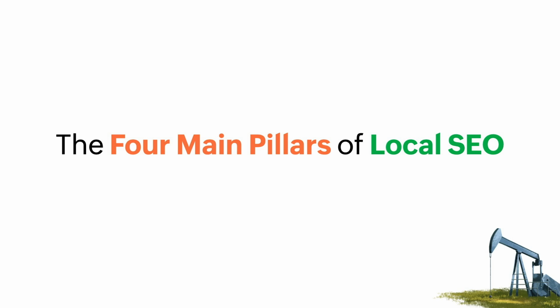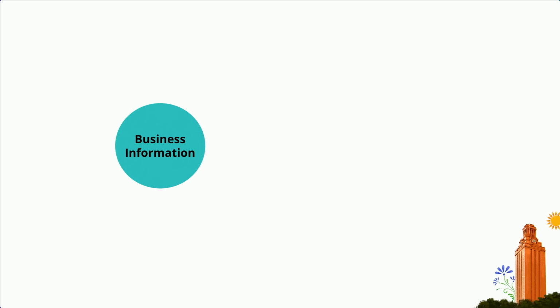There are four main pillars. The first and foremost thing is updating your business information, whether it be opening hours, images, and whatnot. You have to update all your information. Next is managing your listing with consistent information.